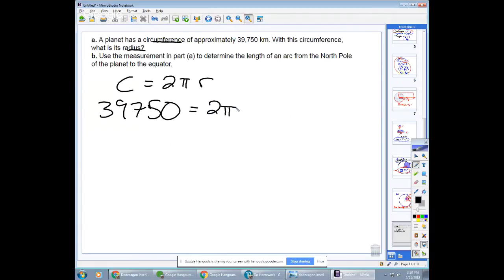Equals 2 times pi times the radius. Since the radius is connected to the 2 pi with multiplication, how do we break it? Division, yeah. So the radius should be whatever 39,750 divided by 2 pi is.